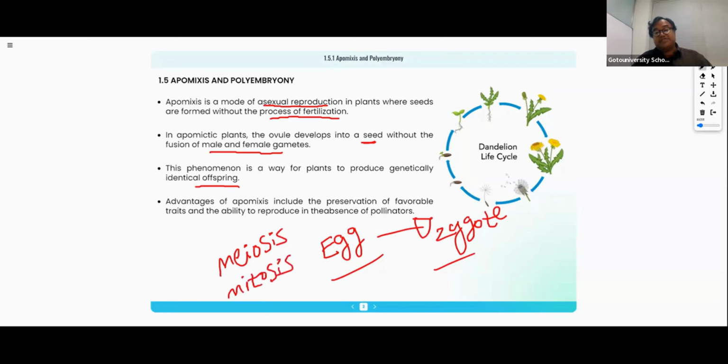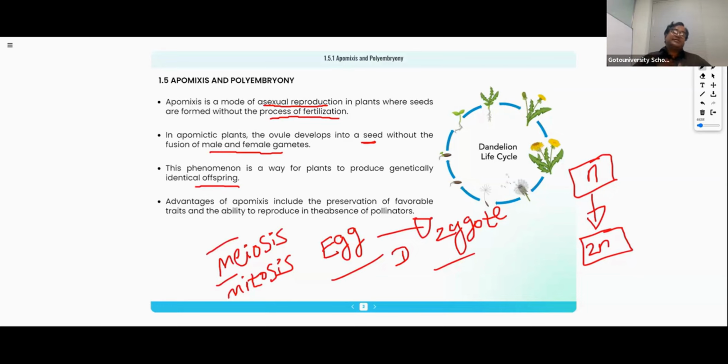Arrest in metaphase makes this haploid egg into a diploid egg, and that diploid egg slowly gets differentiated into a zygote.